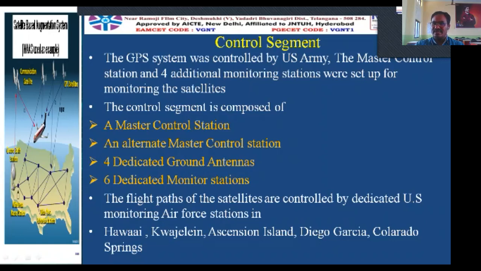So where are these 4 dedicated ground antennas placed? 1, 2, 3, 4, 5, 6. So the 6 dedicated monitoring stations are present in Hawaii, Kwajalein, Ascension Island, Diego Garcia, and Colorado Springs. These are the cities in which the dedicated monitoring stations are placed as a part of the control segment.